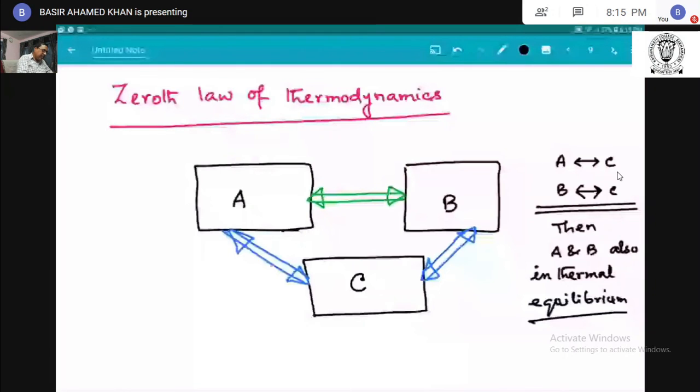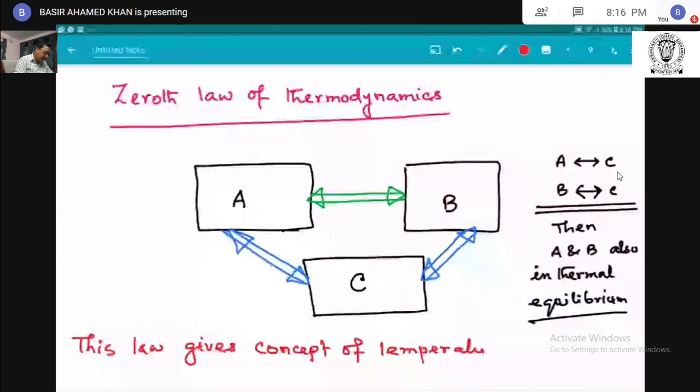The temperature of these different systems will be the same, otherwise these systems are not in thermal equilibrium.